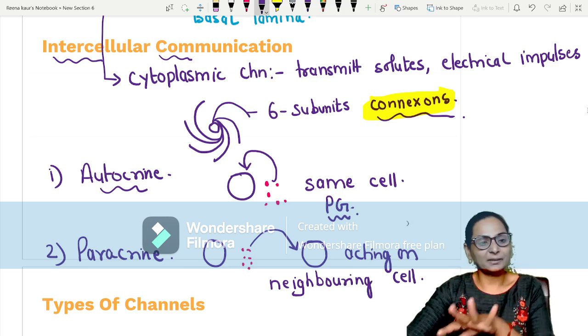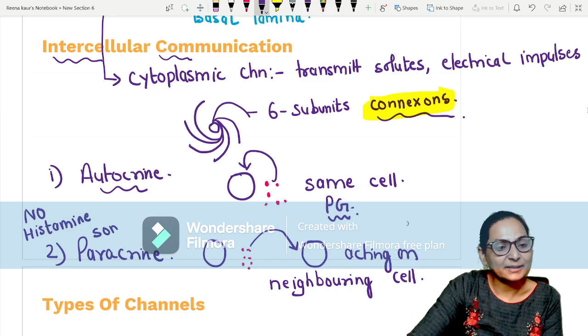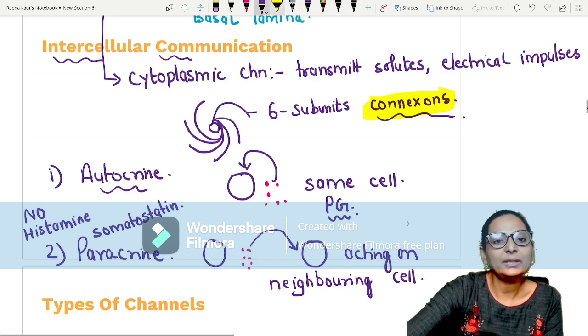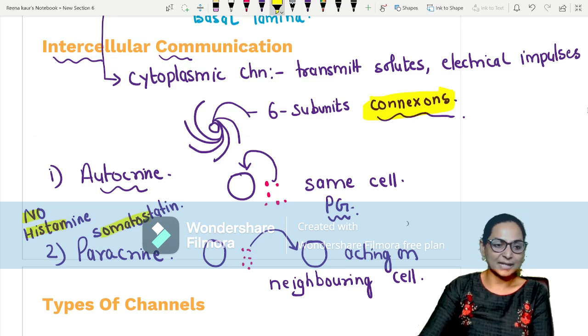Okay, so this is paracrine. Examples of paracrine are nitric oxide, histamine, then somatostatin.